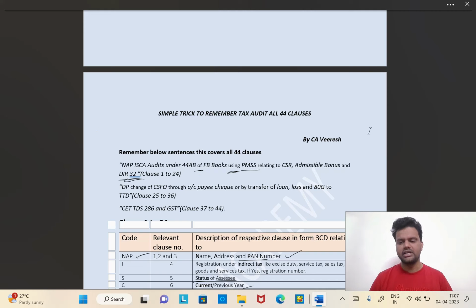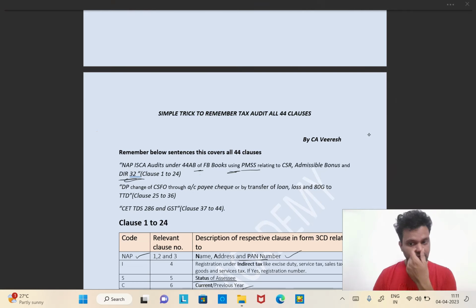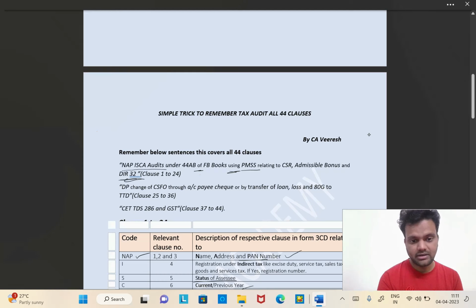Now, for example, if I ask you a question, what is the clause number of presumptive taxation? You got a question related to presumptive taxation. Then you just need to remember the particular clause. How do you remember? If you see this sentence, NAP ISCA Audit Center 44AB PMSS, the letter P is coming here.